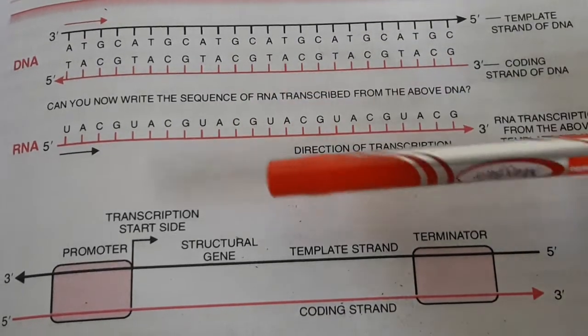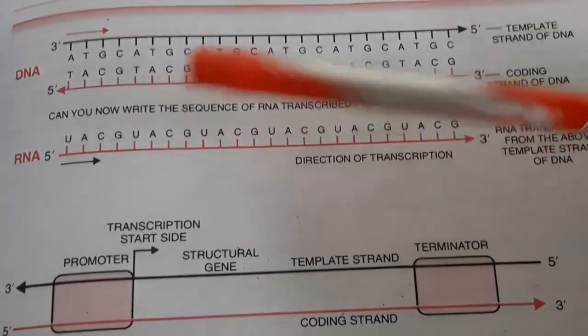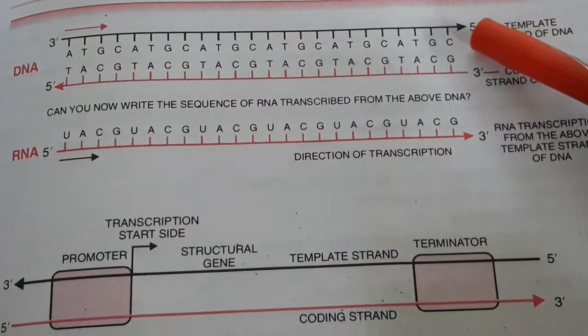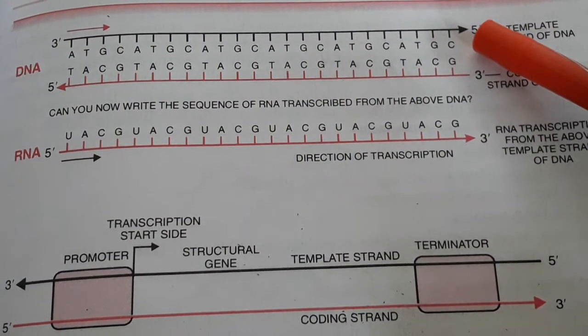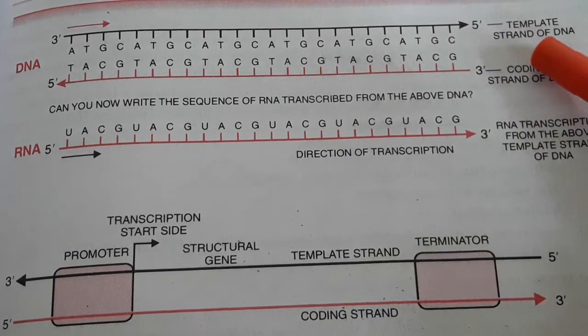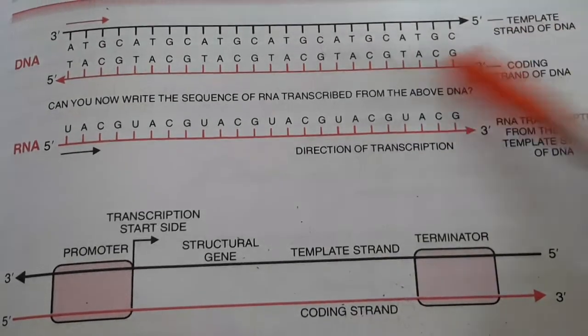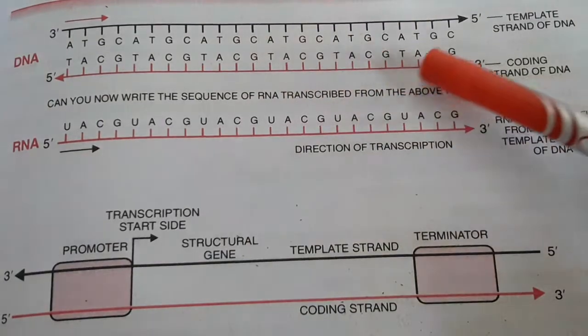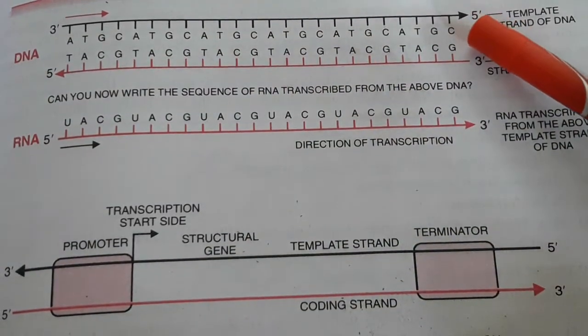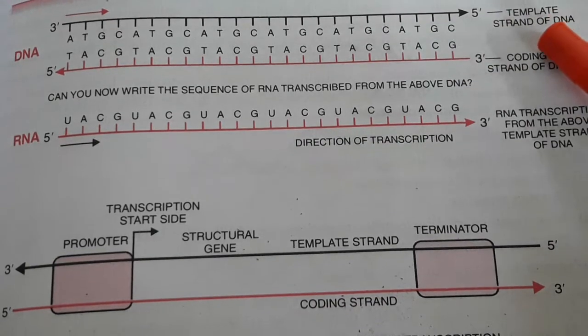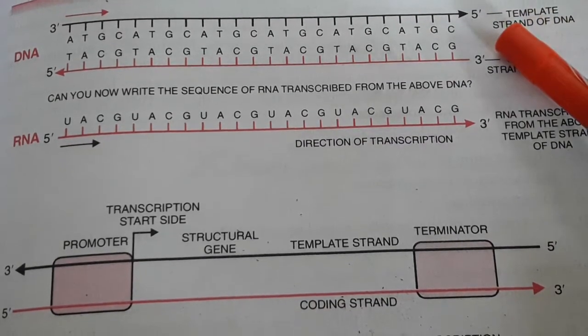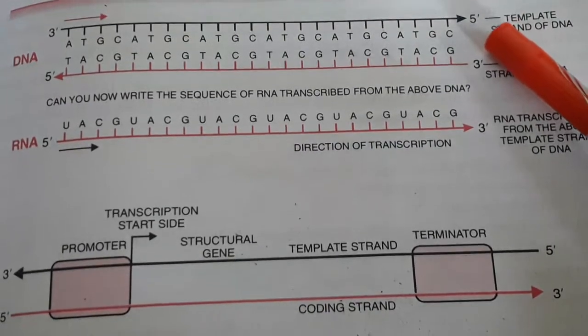Now, the DNA strand with the polarity 3' to 5', which directs the synthesis of RNA, is called the template strand or the antisense strand. That means this particular strand, the black color DNA strand which you are seeing, is the template or the antisense strand because this will initiate the transcription, RNA synthesis.